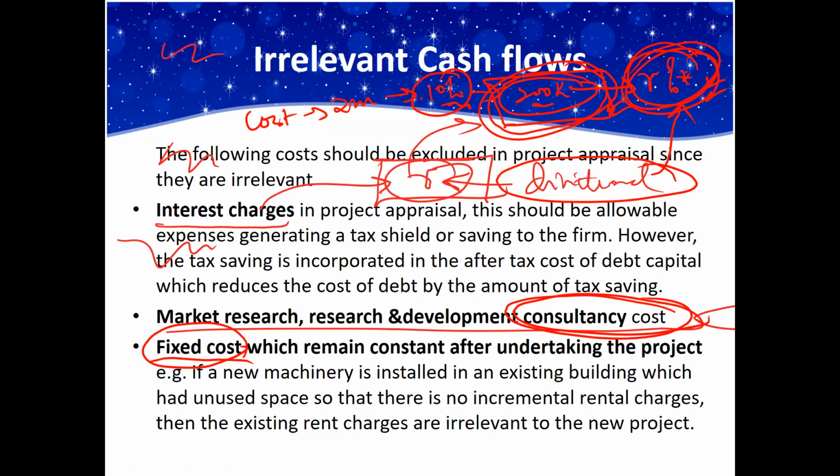Because here already the R% includes this 10% here. Therefore, we ought not to include this 200,000, because the discount rate includes the 10% here. Clear? Yes. Okay, great.